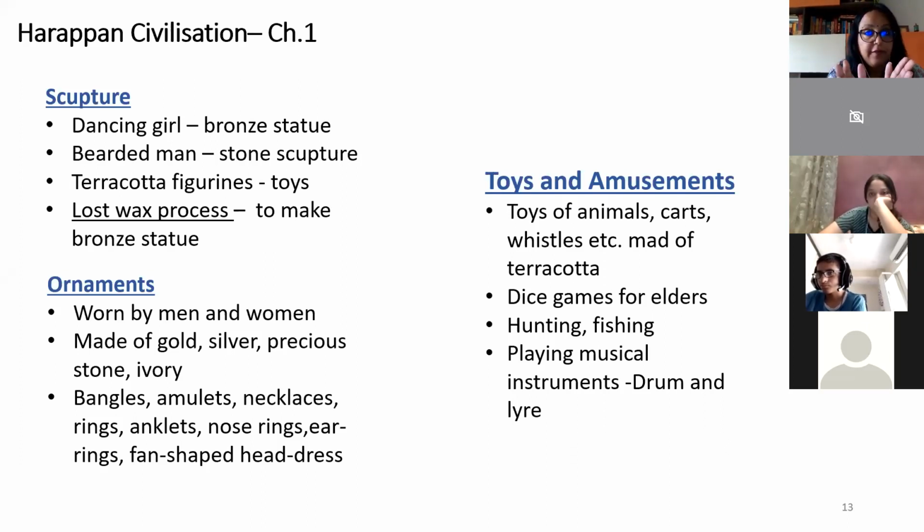That wet mud will get baked and it will become hard. And what is inside, which is the wax, will melt. The wax will melt and flow out of the mud, and that mud will harden and create a mold, a hollow mold. Okay, so now a hollow mold is created.